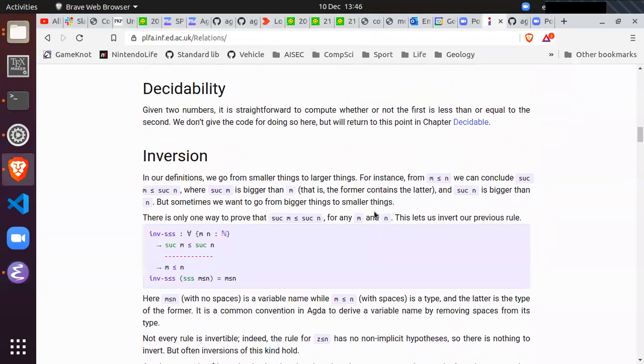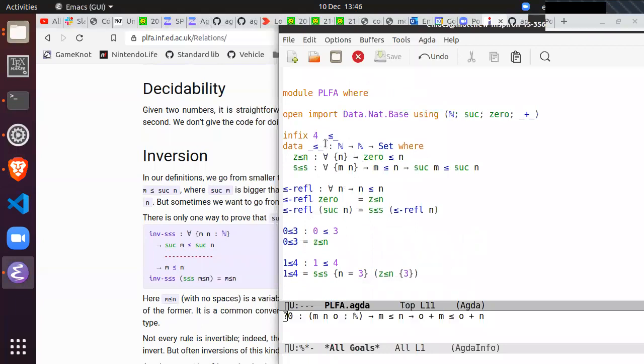So, decidability. We have this notion of what it means for one number to be less than or equal to another, right? But we don't yet have a method for deciding, given two arbitrary numbers, whether one is less than or equal to the other.